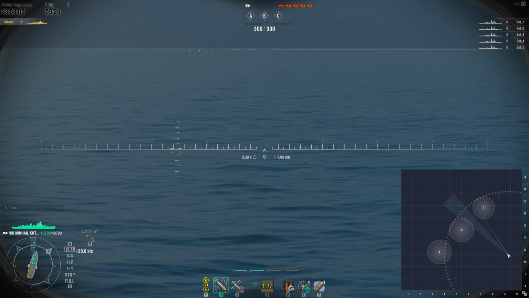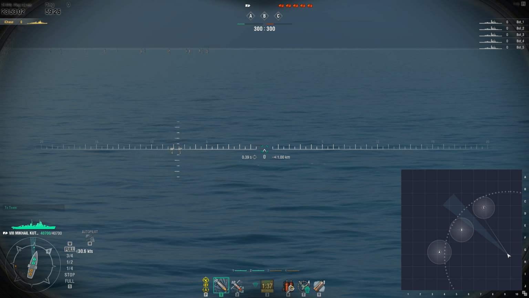So if you lead correctly, meaning you look at your shell flight time and see, let's say, 5 seconds, and there's a battleship in the distance moving at 20 knots, like a lot of the lower tier US battleships, if you lead it by 5 blocks and fire, you're most likely going to hit that battleship.